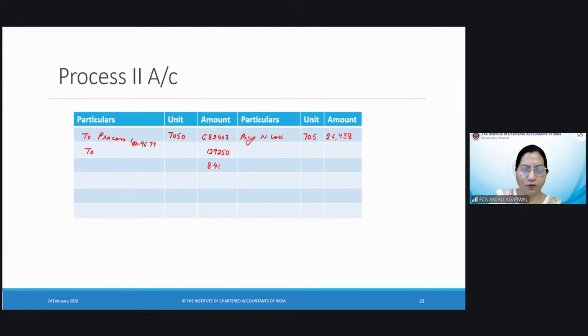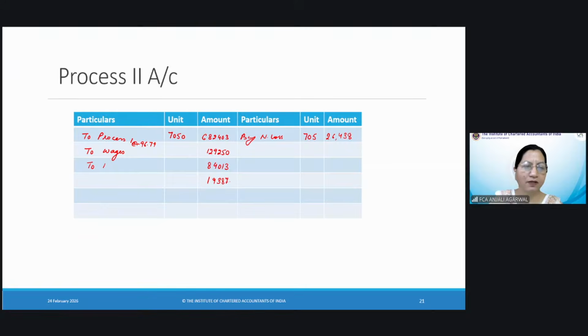So 84012.5, I'll round off to 13, and 15% are overheads. So overheads are 19387.5. Here I will ignore 0.5. So one 0.5 I have rounded off to the higher number, one 0.5 I have rounded off to the lower number. So this will ensure that the total costs are correctly recorded.